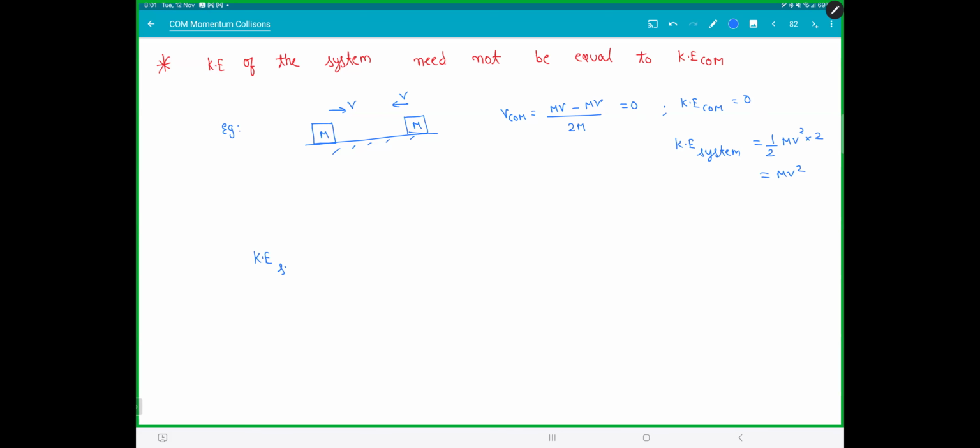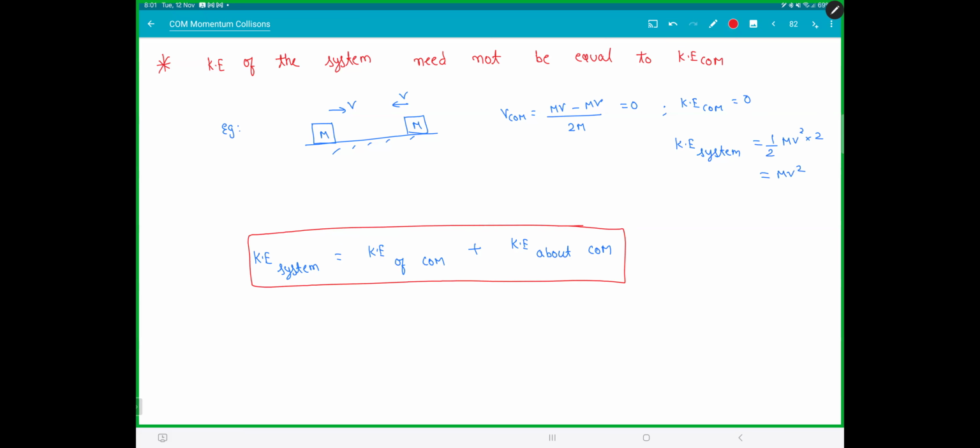We will prove this in rotational mechanics. Kinetic energy of the system is kinetic energy of center of mass plus kinetic energy about center of mass. Let me explain each term. Kinetic energy of center of mass means treat center of mass like a particle and find its kinetic energy. So that will be half total mass times VCOM square.